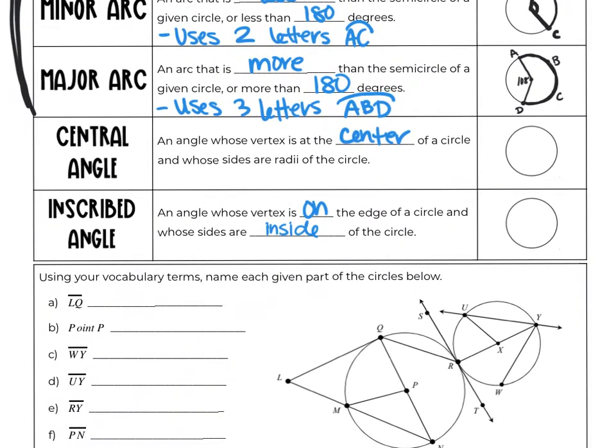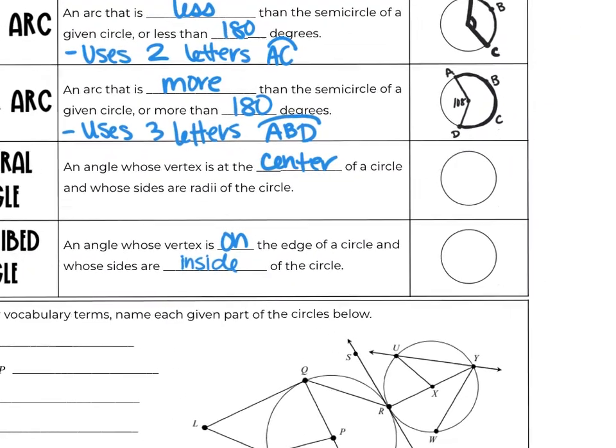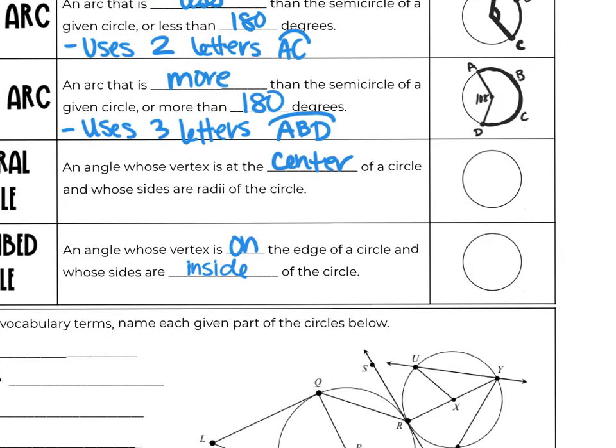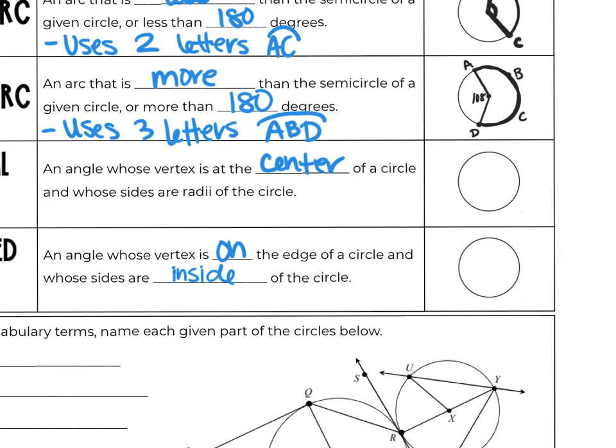All right, now the two angles that we're focusing on today are central angles and inscribed angles. The main part you're looking at is the vertex. If this is an angle, this point here, B, let's say, would be the vertex. That is what you're really focusing on. A central angle is an angle whose vertex is at the center.